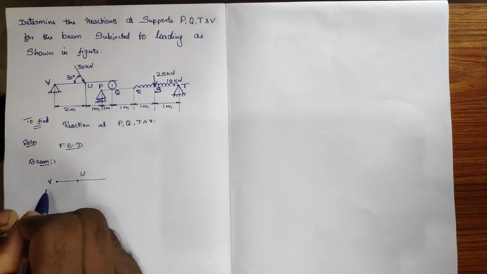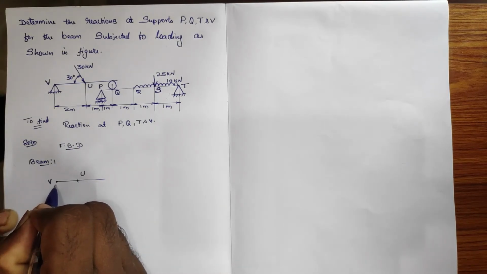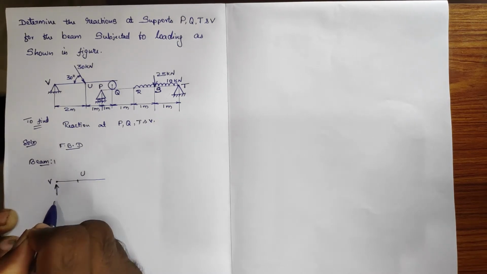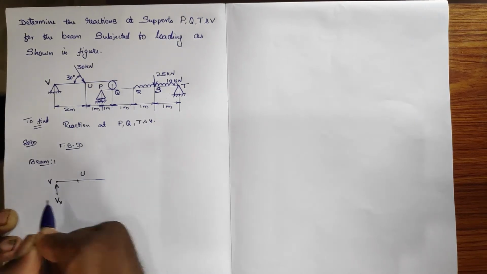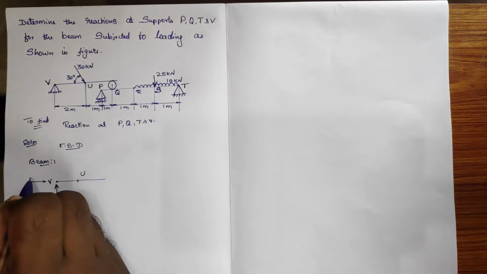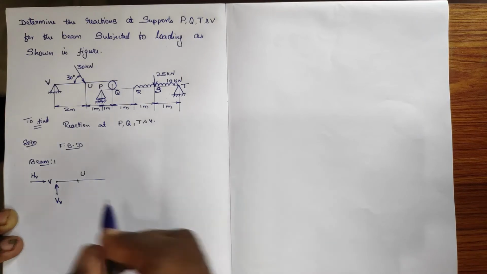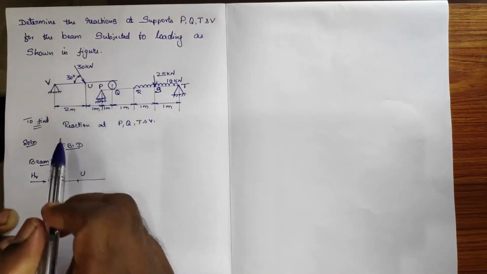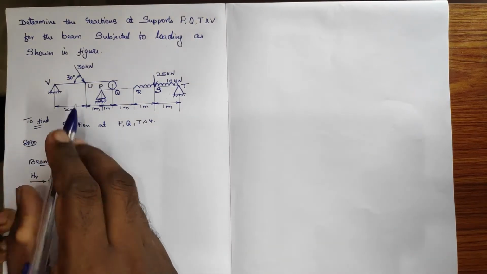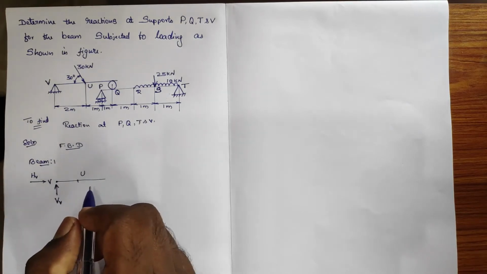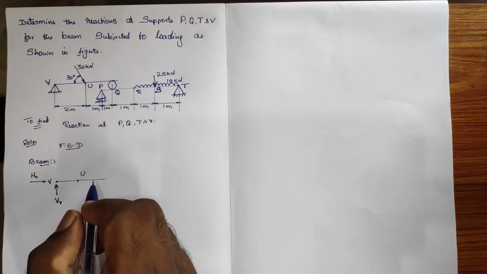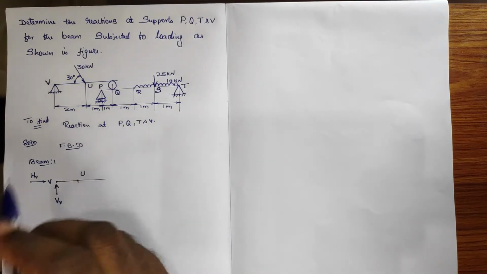At this end, hinged support, we know we have two forces, right? One is a vertical force at V and then a horizontal force at V. Moving to the next point, U, it is an inclined force, so we will have two components, one horizontal and one vertical.